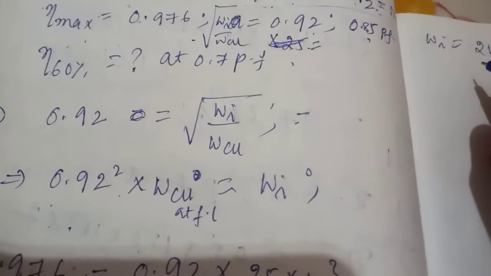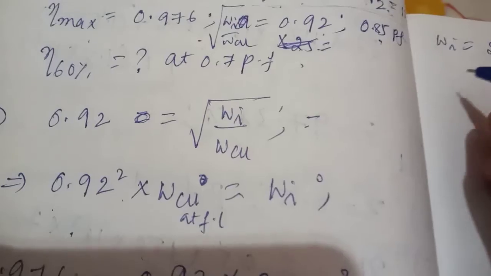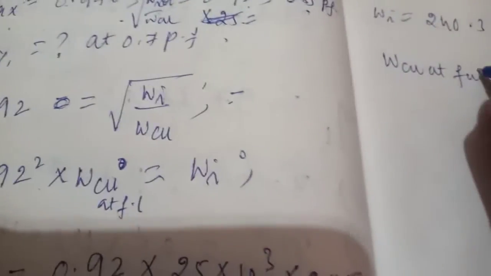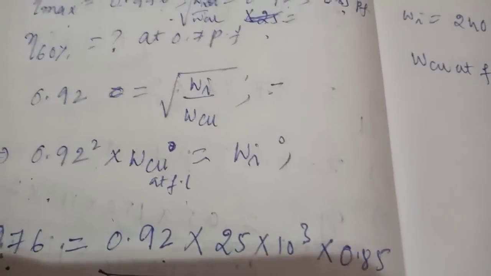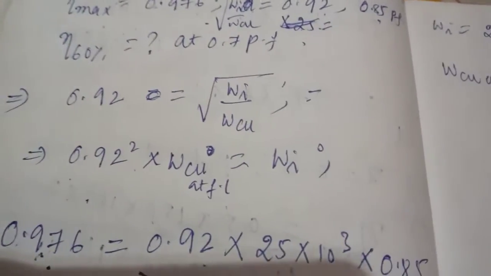So now we have WCU at full load is equal to Wi divided by 0.92 square.